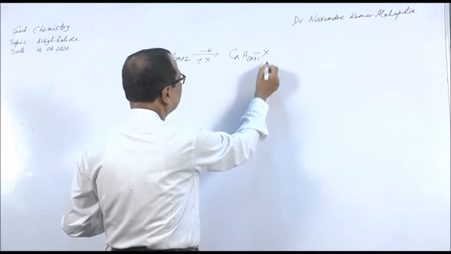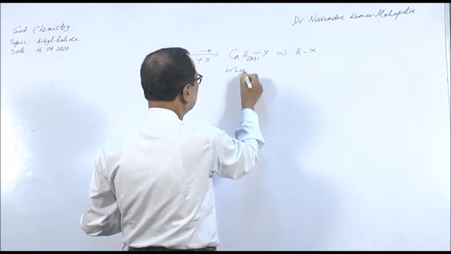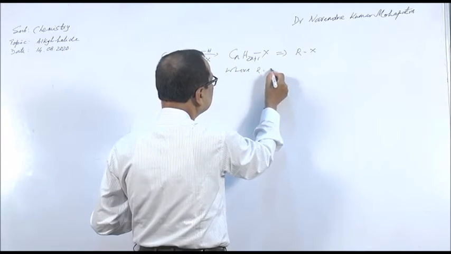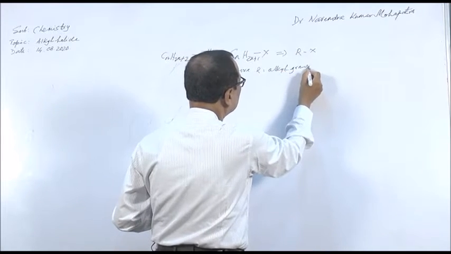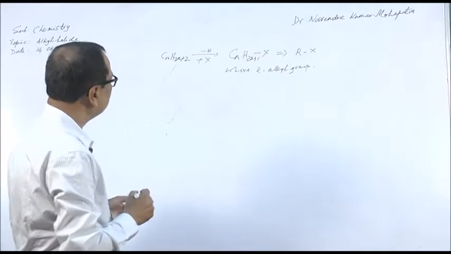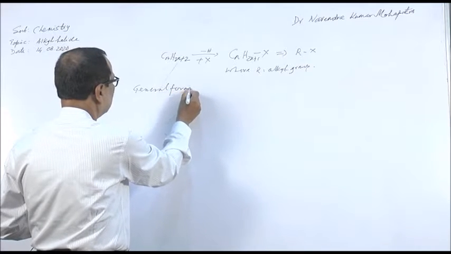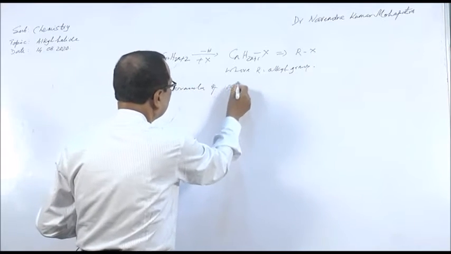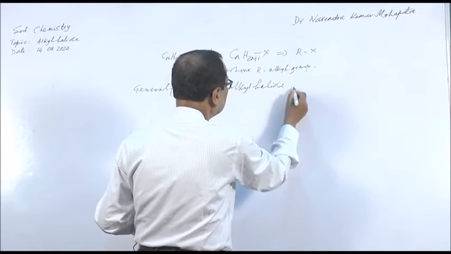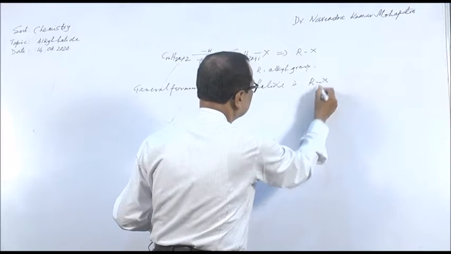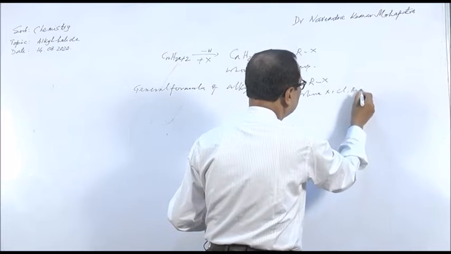This is your alkyl halide, which may be written as RX, where R is an alkyl group. So the general formula of alkyl halide is RX, where X is chlorine, bromine and iodine.